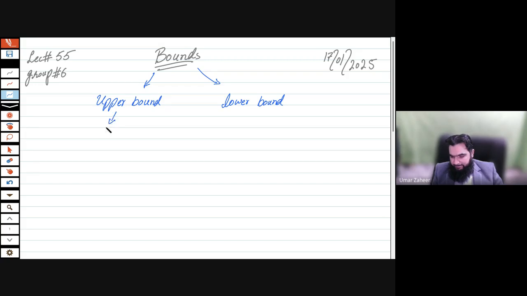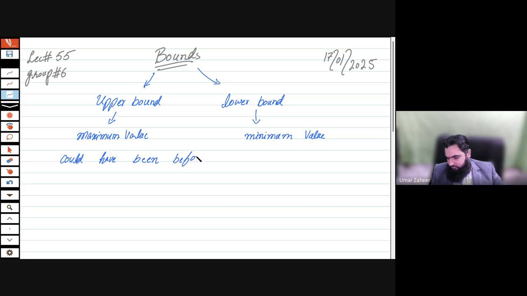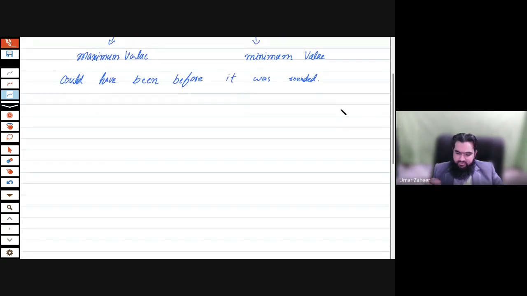Upper bound is a maximum value and the lower bound is your minimum value a number could have been before it was rounded. First of all, we have to understand it in a general way.